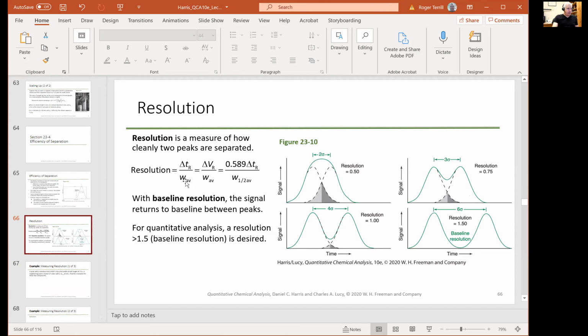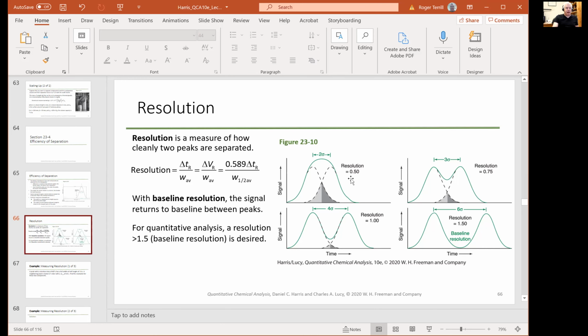Once you have that width at half height, you can define the resolution between two peaks, right? This weird thing here is the sum of two Gaussian peaks separated by 2 sigma, right? And this here is defined as a resolution of 0.5, meaning unresolved.